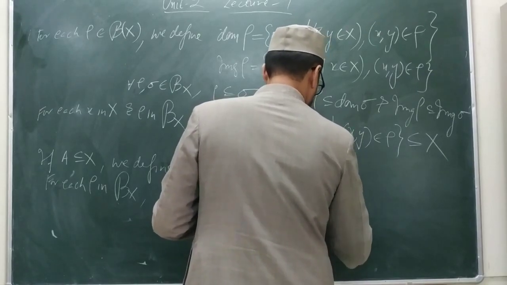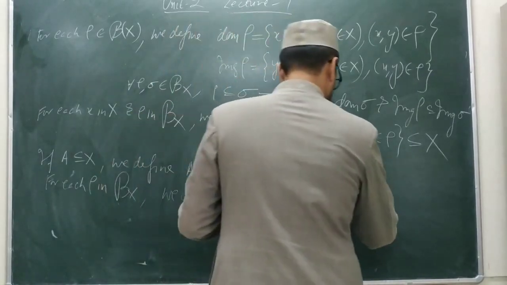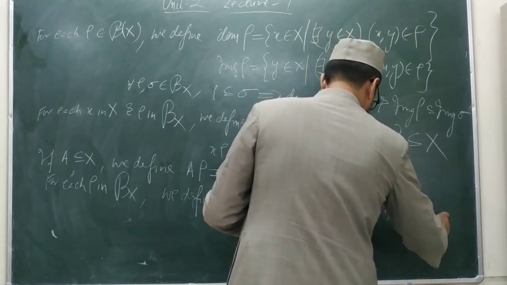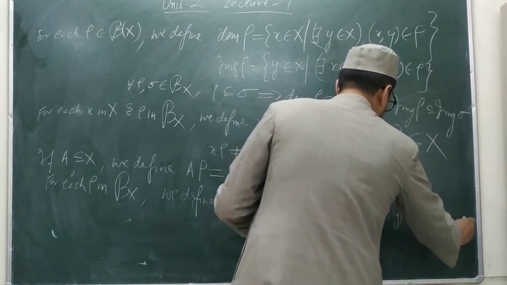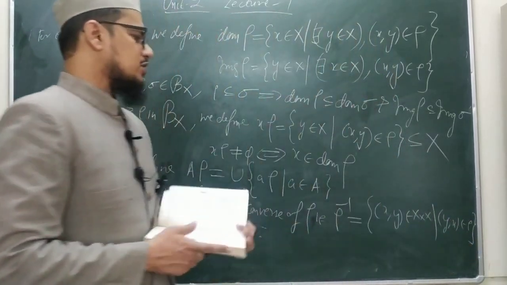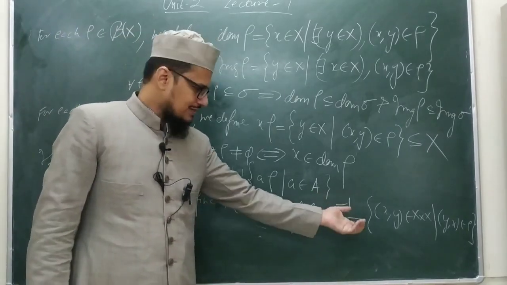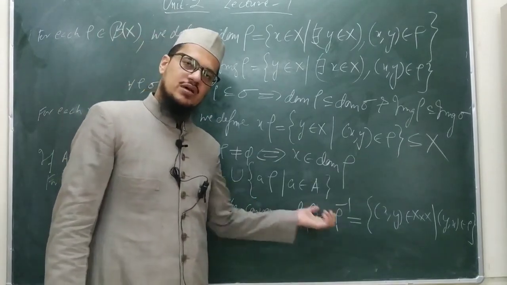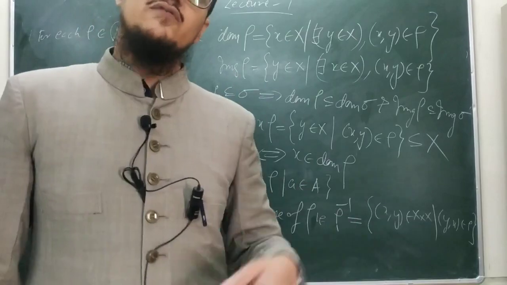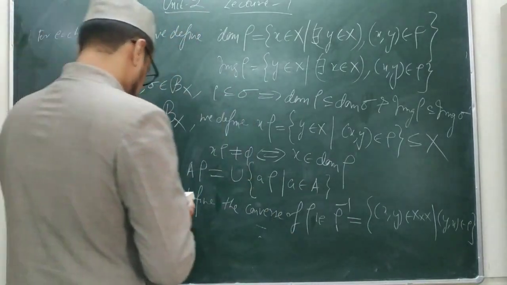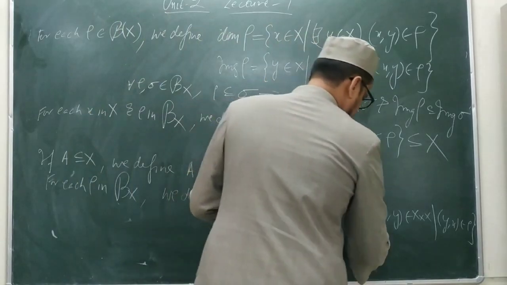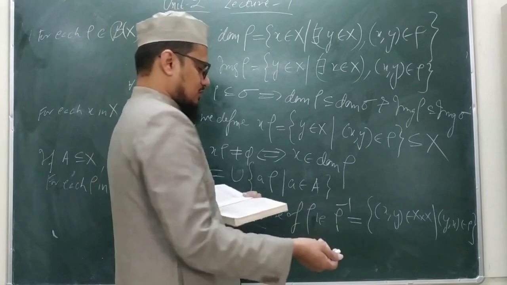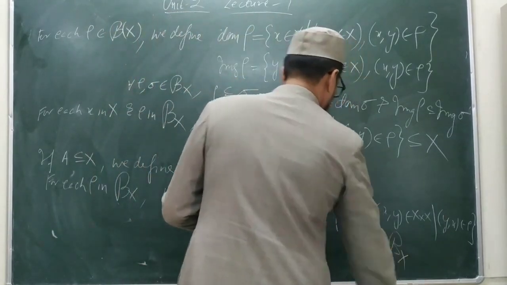That is, row converse will be the pairs (x, y) belonging to X cross X such that (y, x) belongs to row. It is not the inverse of row, it is the converse of row. Of course, it is a subset of X cross X, so row converse is a member of Bx.